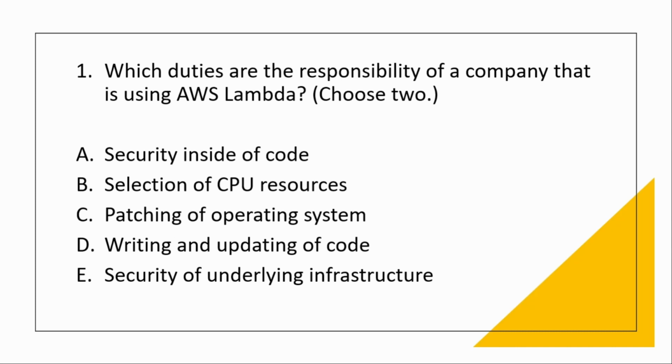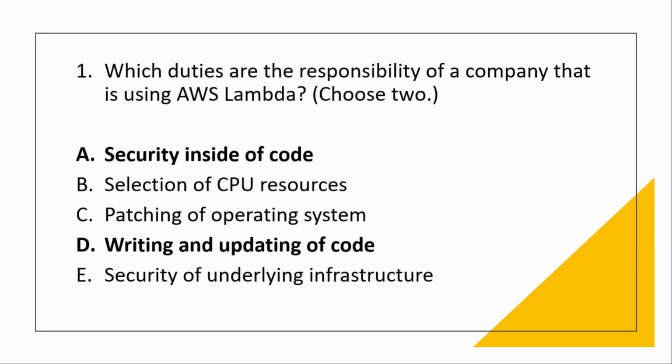AWS will secure outside of the code, but inside of the code is your duty. Selection of CPU resources is not your duty, as it is a serverless compute service; it is AWS's duty. Patching of operating systems and security of the infrastructure is also AWS responsibility. The company's responsibility is the security inside of the code and writing and updating of the code. So the correct answer is security inside of the code and writing and updating the code.